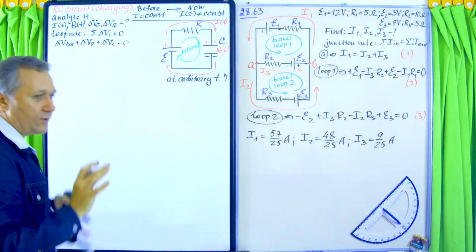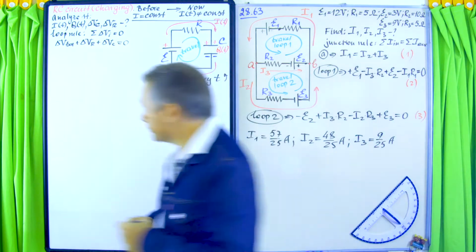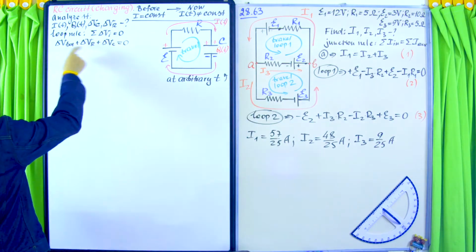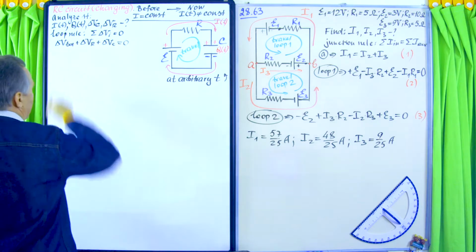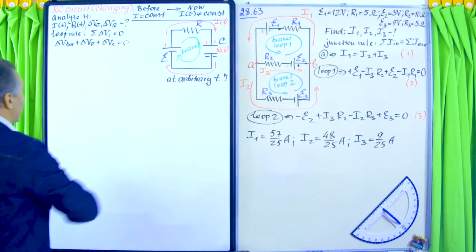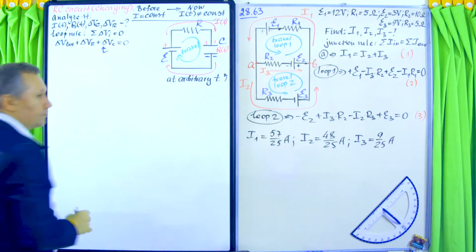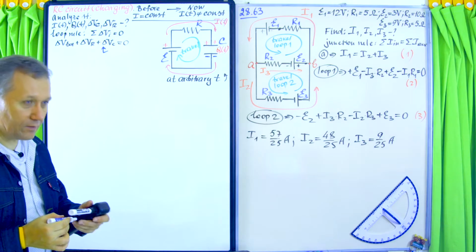So without specifying, just delta, delta, delta. And we know how to deal with these two contributions. But what about delta V across the capacitor?